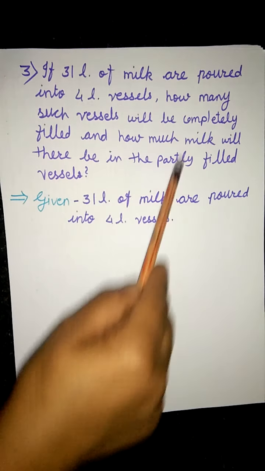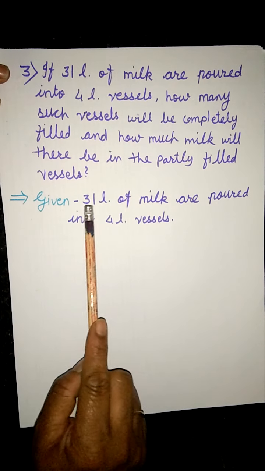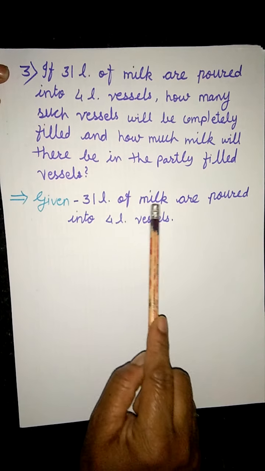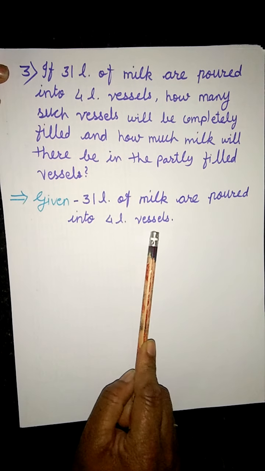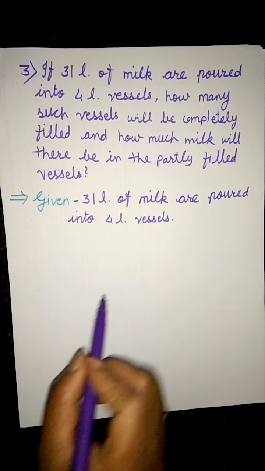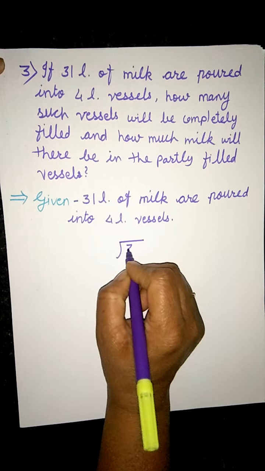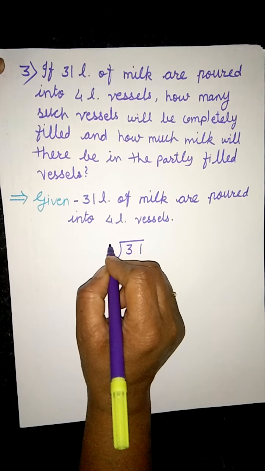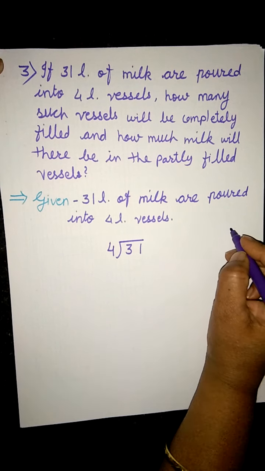Now, what is given in this problem? See here, 31 liter of milk are poured into 4-liter vessels. This is given. Now, solve this division. 31 divided by 4.